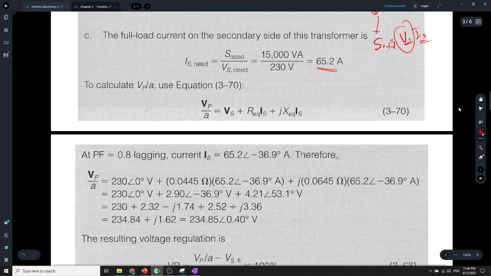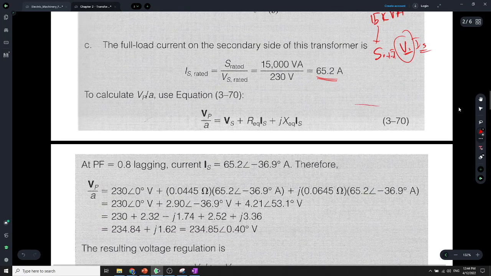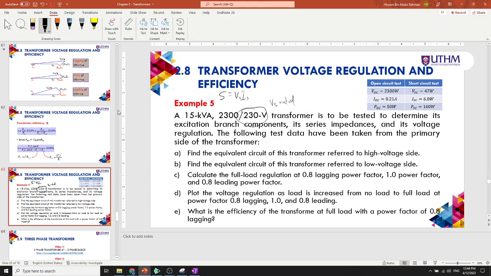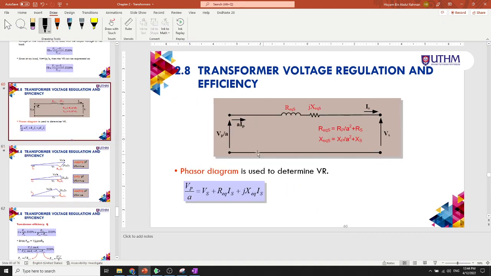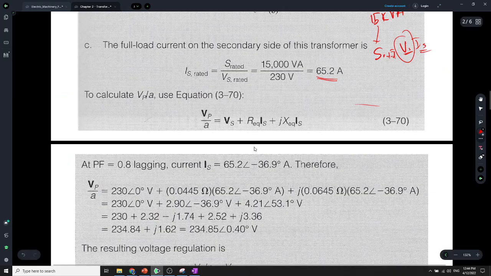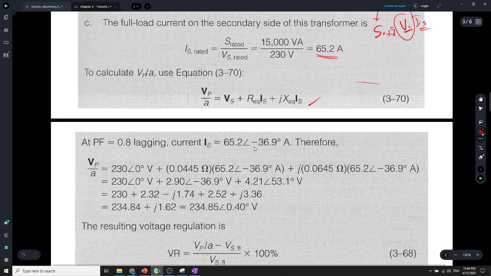From the Kirchhoff voltage law, from this kind of circuit, we will get this equation. So we know that the phase of Vs is 0, because we refer from there.